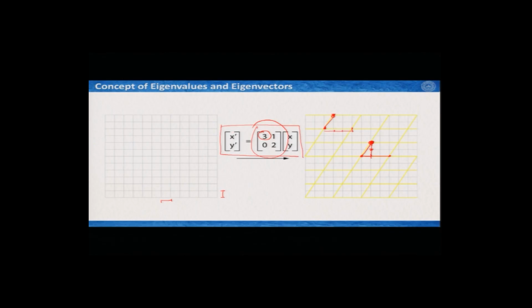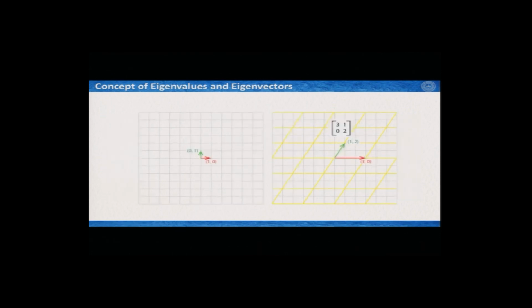If I look at it in vector form, I have this red unit vector, which is 1 0, and the green vector along the y direction, with coordinate 0 1. If I apply this transformation matrix, the D matrix, then the red vector 1 0 changes to 3 0 and 0 1 changes to 1 2, which actually defines your D matrix, the deformation matrix.